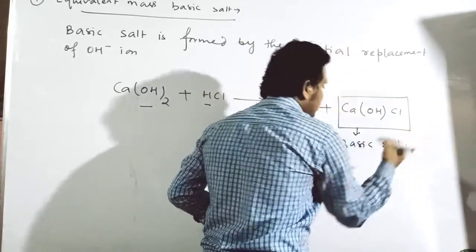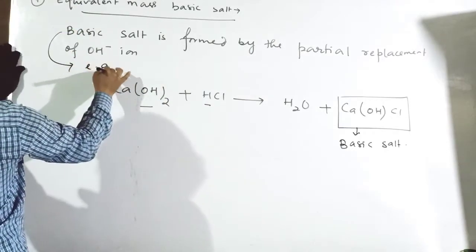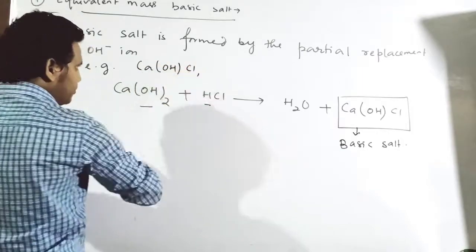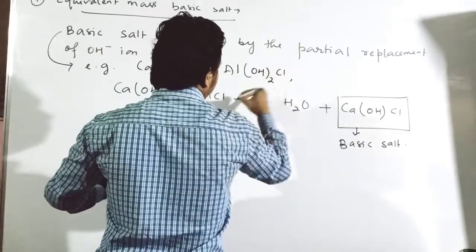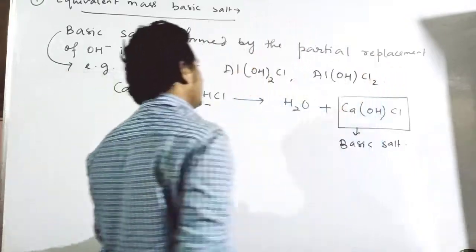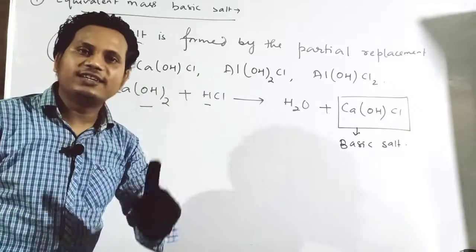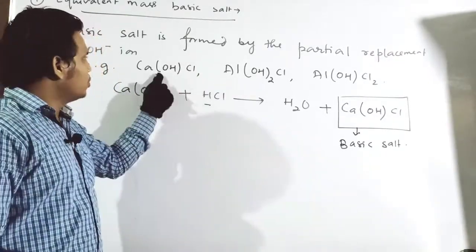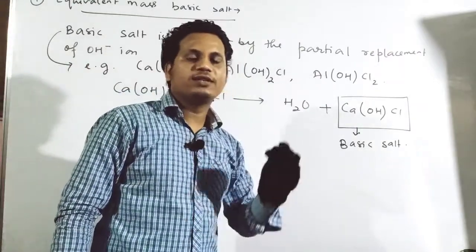Examples of basic salt will be calcium OH Cl, aluminium OH2 Cl, aluminium OH Cl2, in this way. Those salts which have hydroxyl ion that can still be replaced are called basic salts.